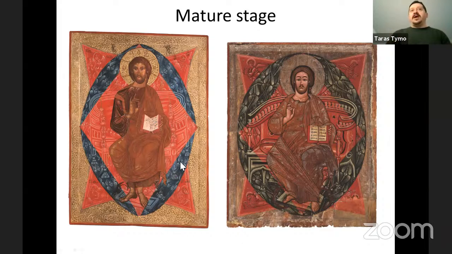And as the rays from this divine darkness, there are these four sharp rays representing the symbols of the Evangelists. Again, Matthew as angel, John as eagle, Mark as lion, and Luke as an ox or bull.